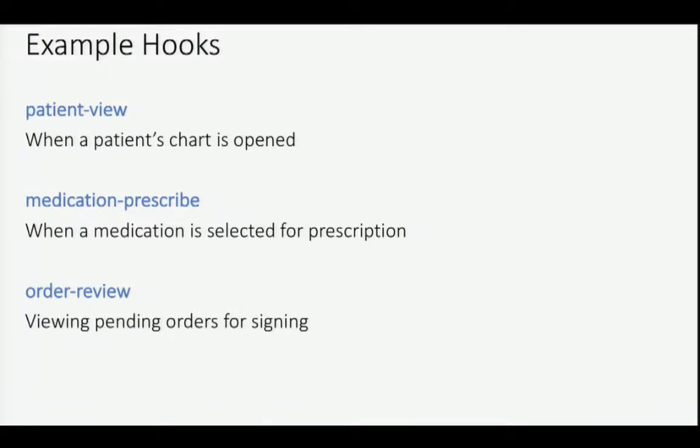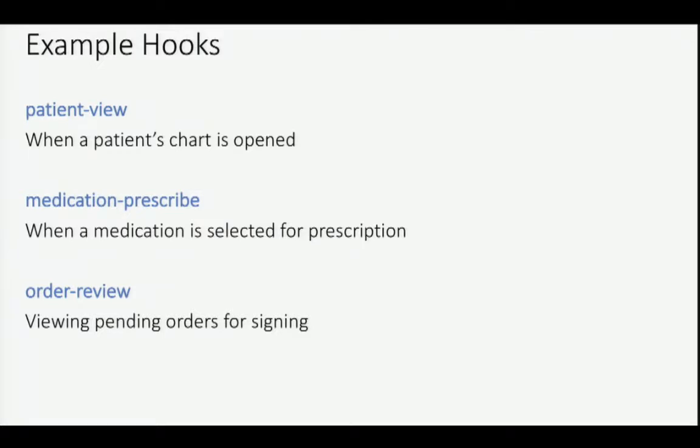Now, the CDS hook specification actually doesn't define any hooks. Instead, it defines how you would go about defining a hook. We leave the definition of hooks to be done outside of the specification, because we imagine that there will be new hooks being created all the time, and all of the hooks that get created are going to be based upon the EHRs and other vendors that are implementing CDS hooks.